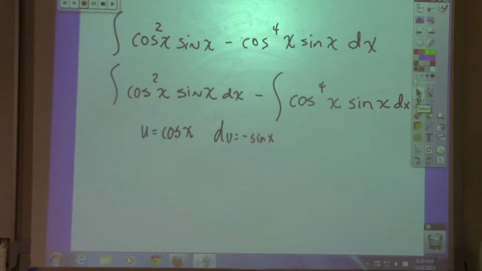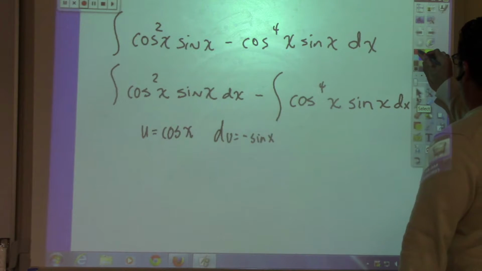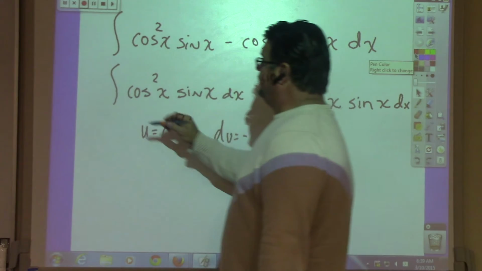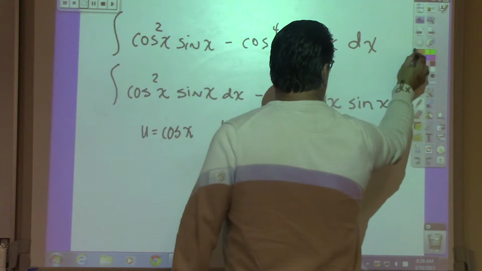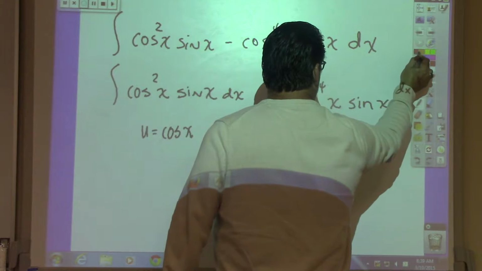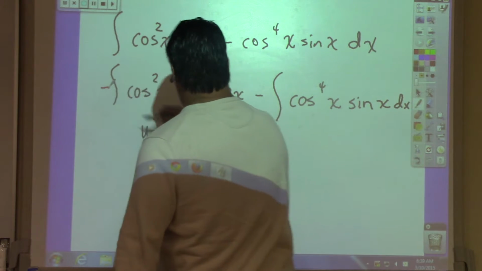And that's going to be the same for both. So what is that going to put out in front of here? It's going to put a negative. And that's going to make this a what?